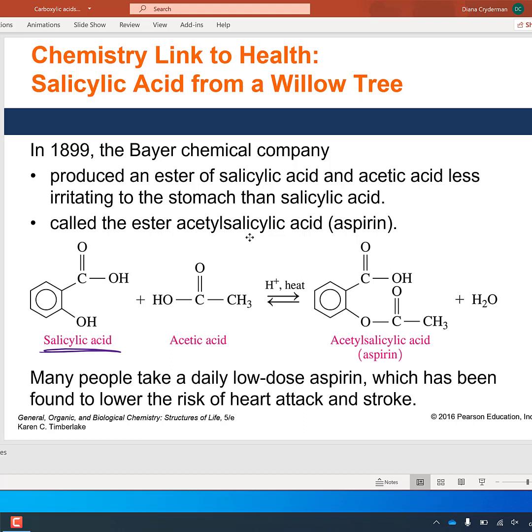So in this case, we'll be taking this alcohol and this carboxylic acid and making an ester somewhere else. And this is aspirin.